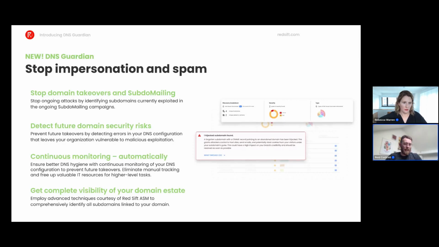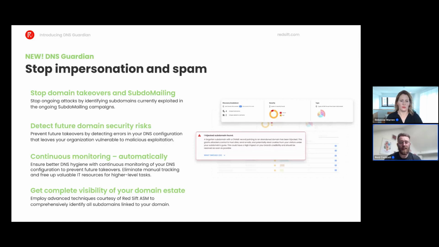Continuous monitoring is a really, really important one. So this allows you to ensure that you've got that really strong DNS hygiene by doing the continuous monitoring of your configuration and flagging any issues that are detected almost in real time, and it eliminates the need for manual tracking, which then hopefully frees up internal security and IT resource to work on higher level tasks or bigger projects.